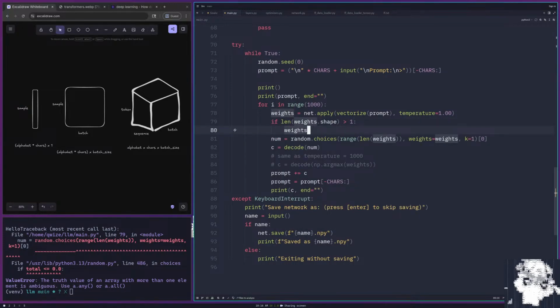Then I want the last one. So weights equals that.